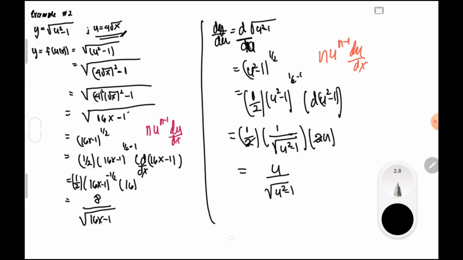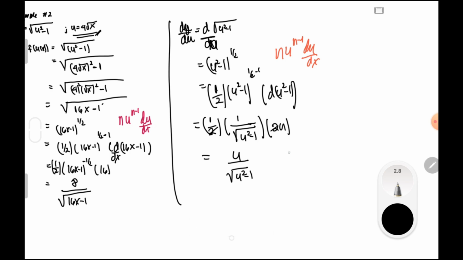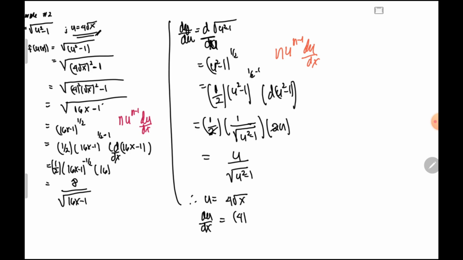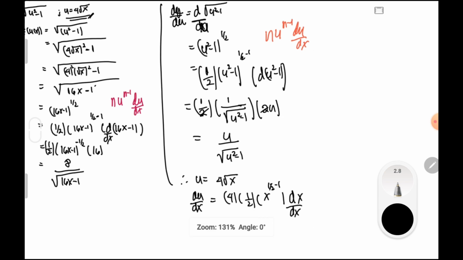So next, we have u equals 4 square root of x. So du over dx will be equal to 4 multiplied by 1 half multiplied by x raised to 1 half minus 1, multiplied by the derivative of x, which is equal to 1, dx over dx.